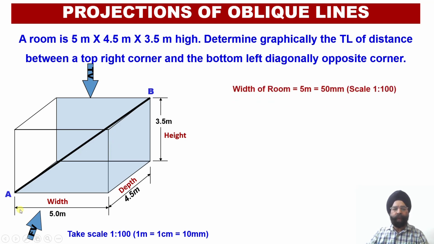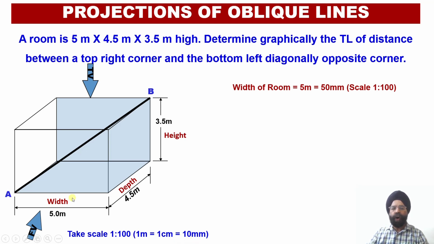The width of the room happens to be 5 meters, whereas the height of the room happens to be 3.5 meters. So here we are going to use the scale of 1:100, that is, 1 meter length or width of the room we are going to take as 1 centimeter, that is 1/100 scale. So this will be equal to 10 millimeter.